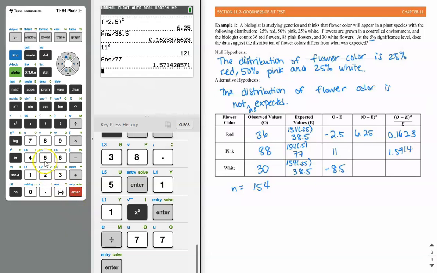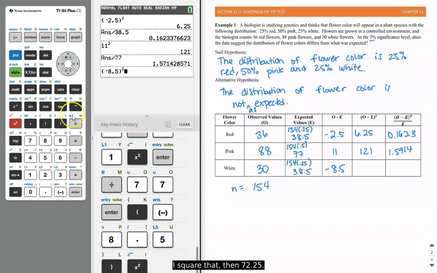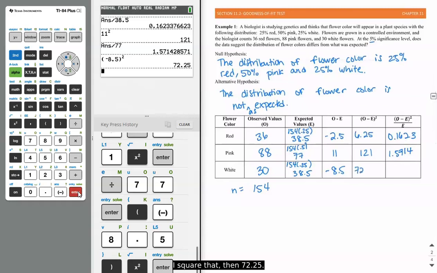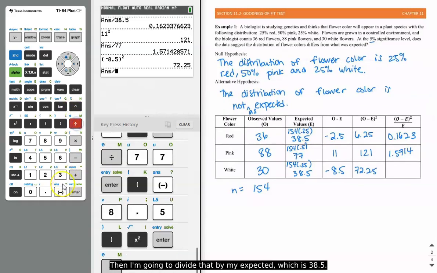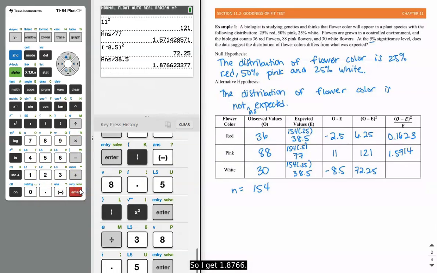And my last one, I did not write the 121. There we go. So then I have negative 8.5. And I square that. And then, right, so 72.25. And then I'm going to divide that by my expected, which is 38.5. And so I get 1.8766, right? So the whole idea is to get the sum of this.